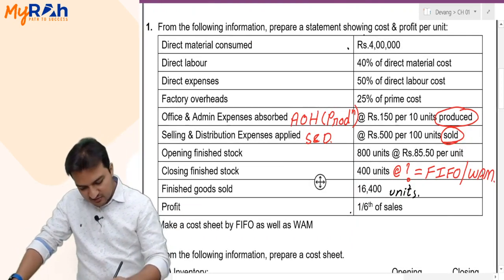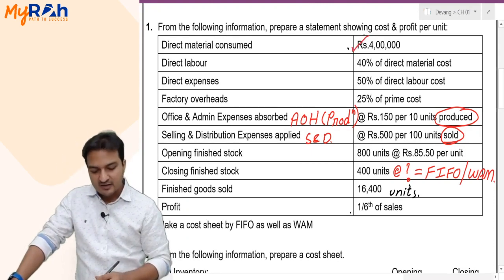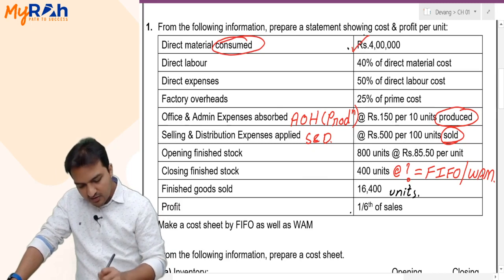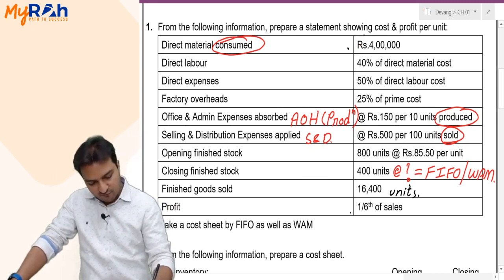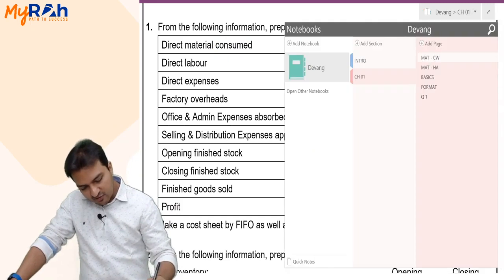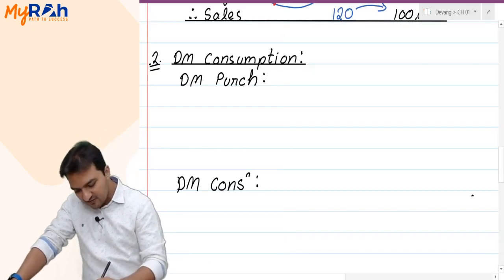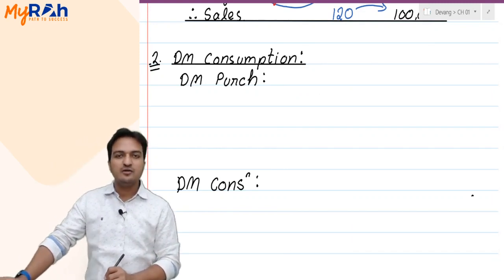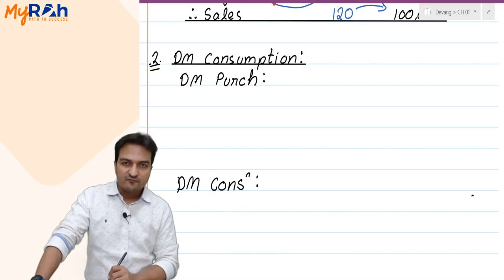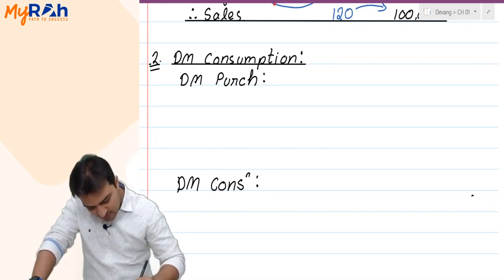Now, if you notice in question 1, the wording says that this first item here is direct material consumed, rupees 4 lakhs. Consumption is given as rupees 4 lakhs. Now, my question to you is, what if in the question I give you two different values for direct material?